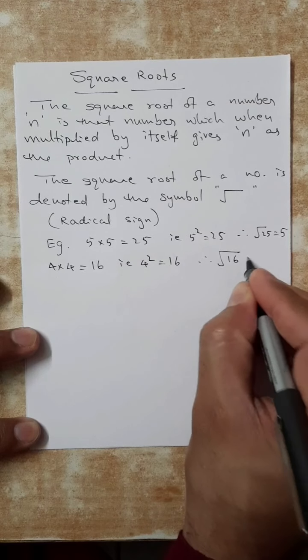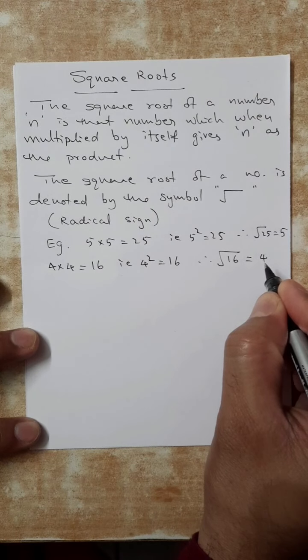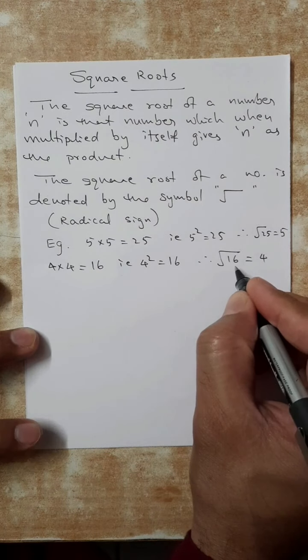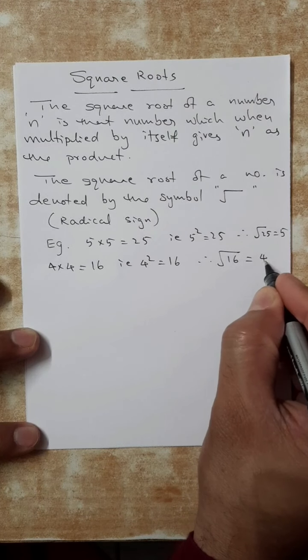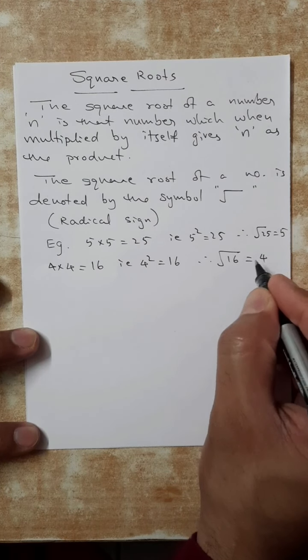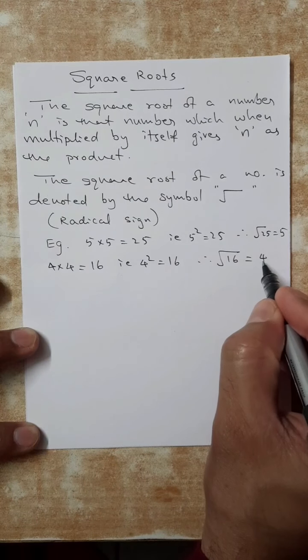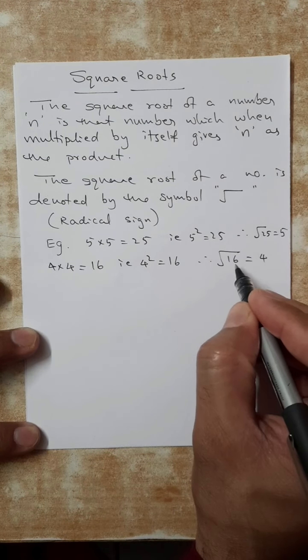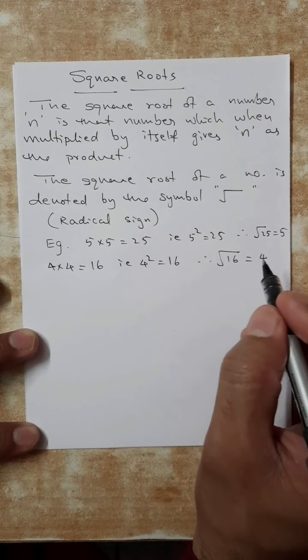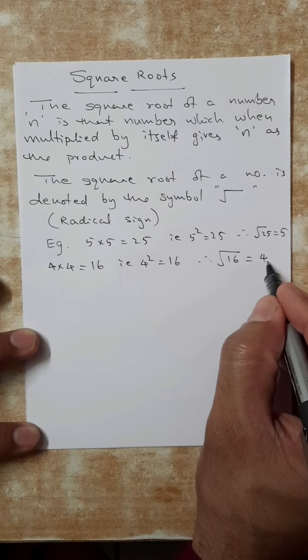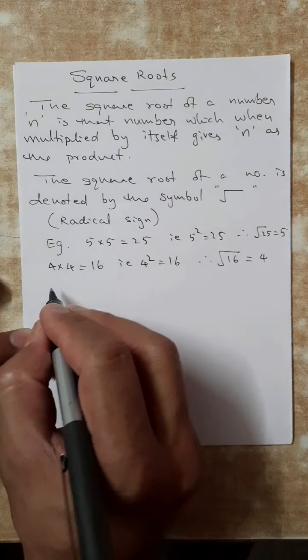Therefore, square root of 16 is 4. When I say square root of 16 is 4, the meaning is if I multiply 4 with itself, I will get 16.